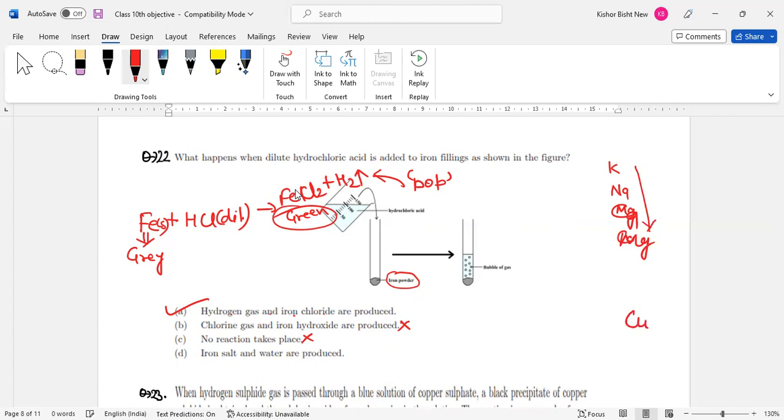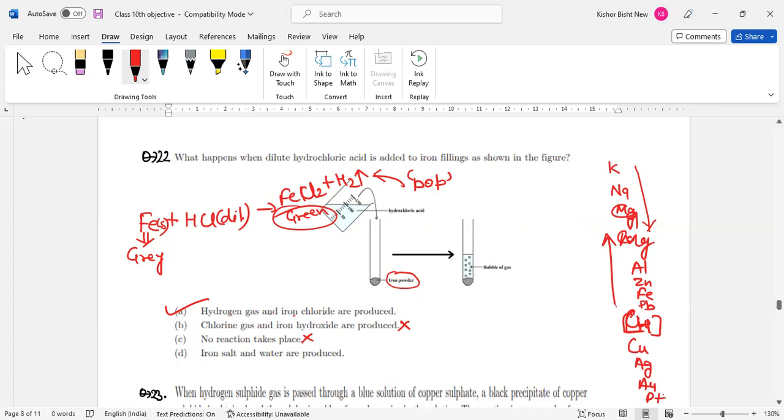In the middle, aluminium, then zinc, then iron, then lead, then hydrogen. Then copper, Ag, Au, Pt. The metals which are above hydrogen react with dilute acid and produce hydrogen gas. Please remember.